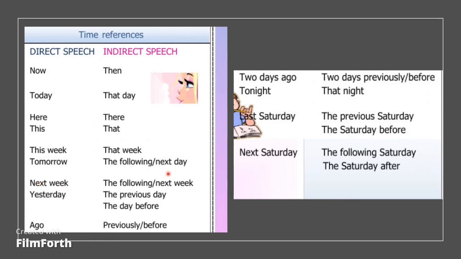Next week becomes the following or the next week. Yesterday, the previous day or the day before. Ago, previously or before. Two days ago, two days previously or before. Tonight becomes that night. Please pay attention to these words. Saturday, the previous Saturday or the Saturday before. Next Saturday becomes the following Saturday or the Saturday after.